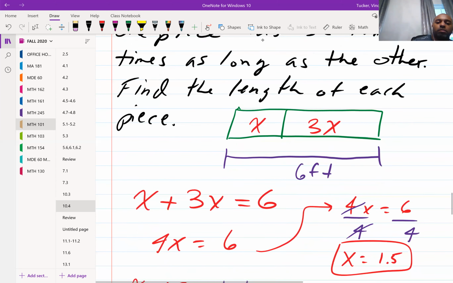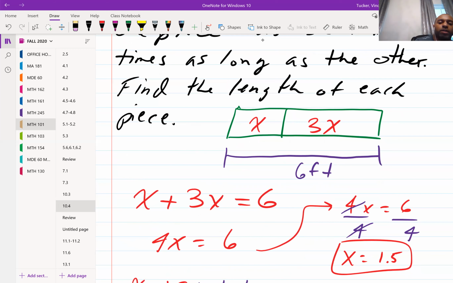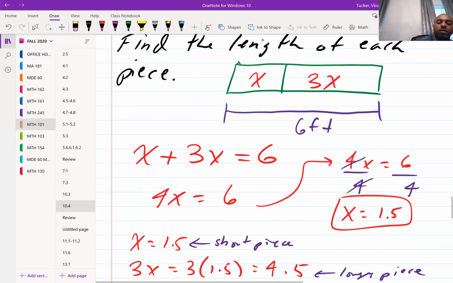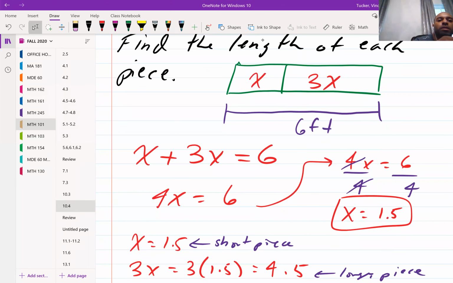All right, so add our like terms together. X plus 3X is 4X.